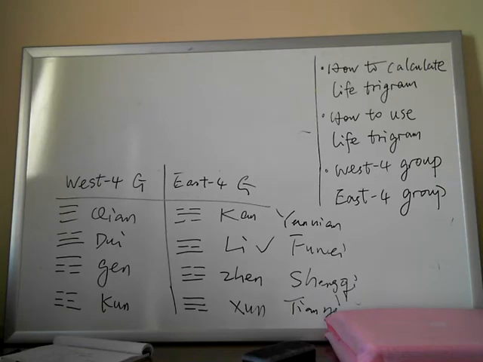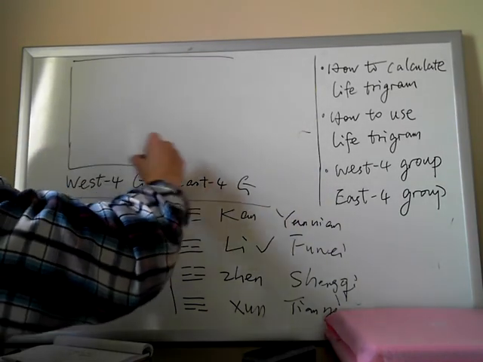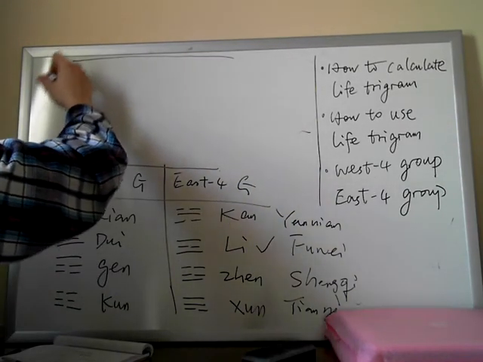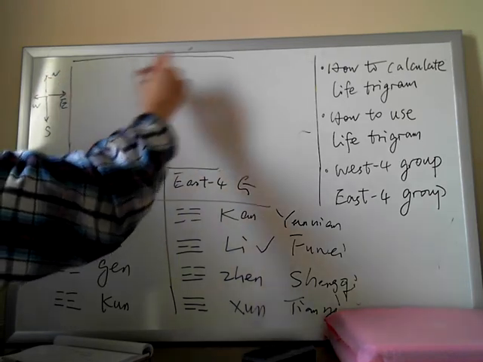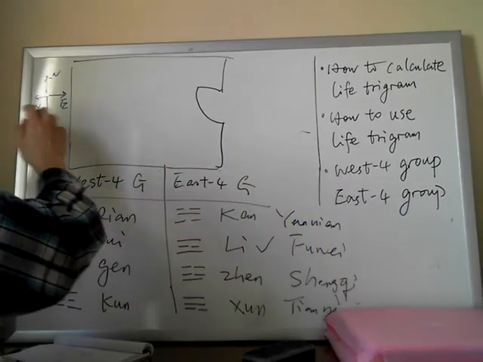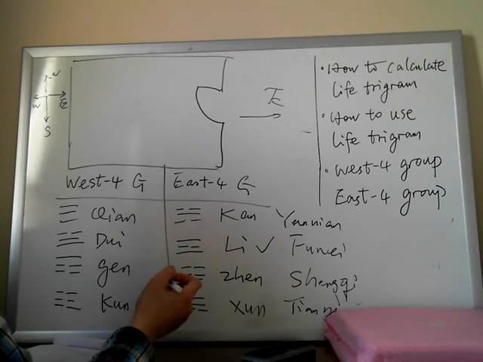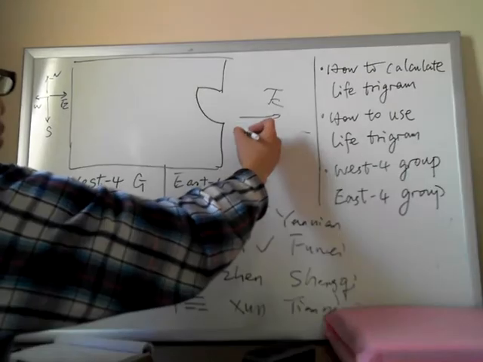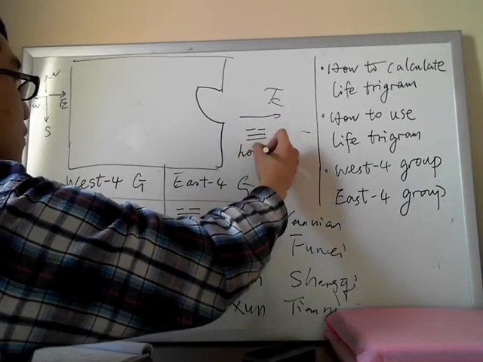So the idea is, let's say, if this is a house, north, sitting west, facing east. So the house trigram would be Dui. That's the house trigram.